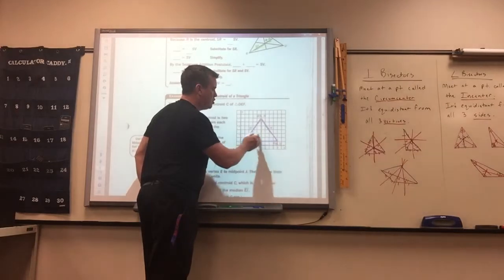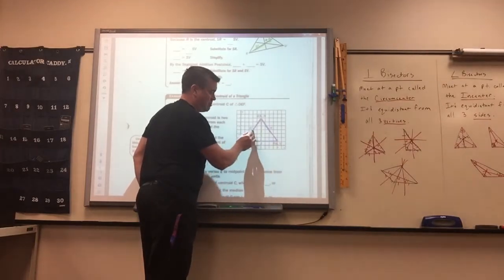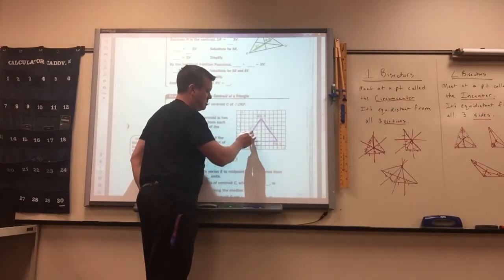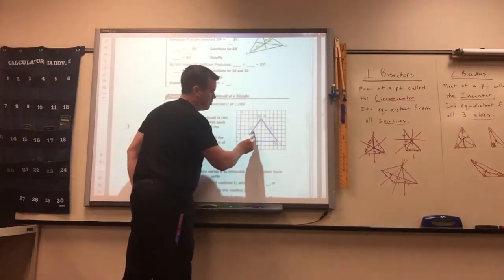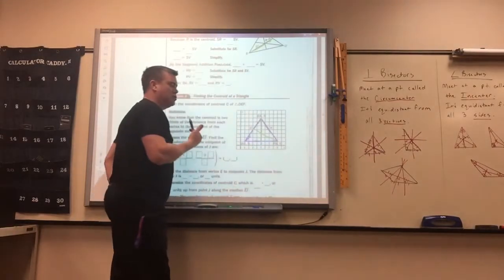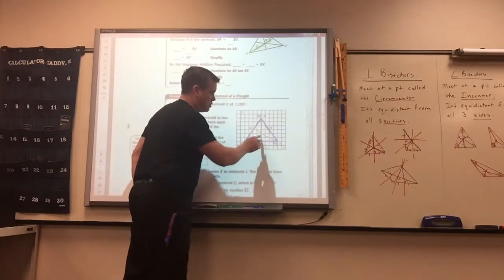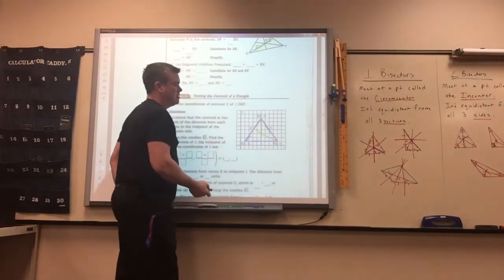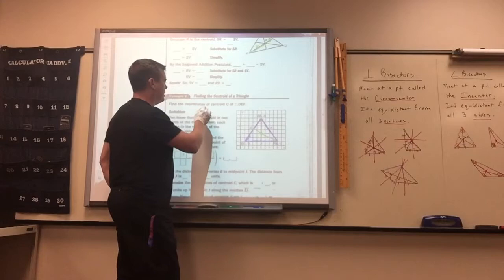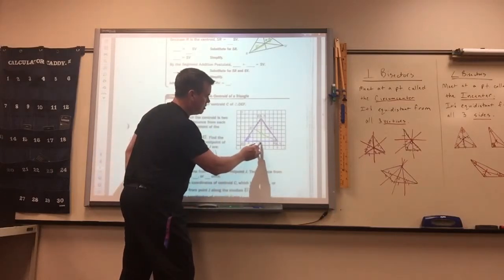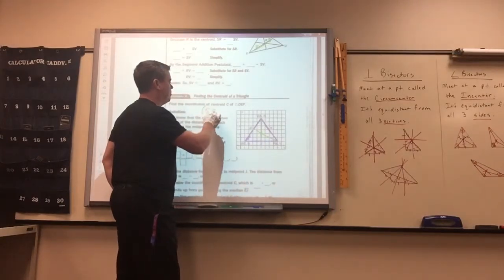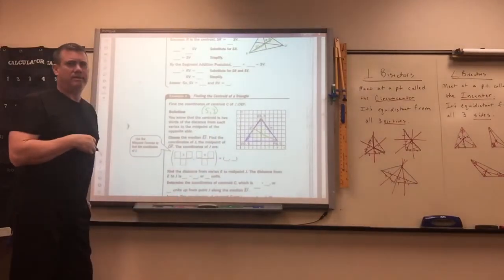Here we have to go to the opposite midpoint, which they put on here as G. So you only need to draw 2, right? Because the third one's going to go through. So there's the centroid. So that coordinate is 5 over, 3 up.